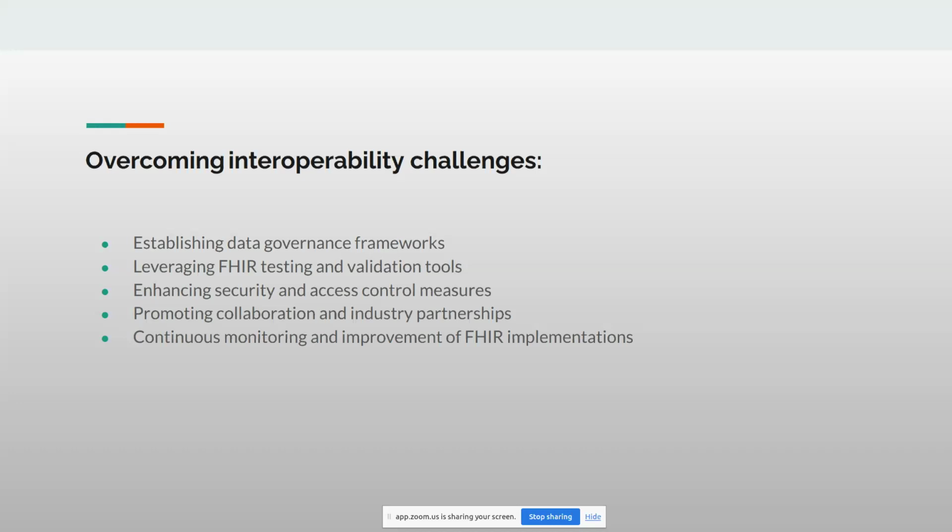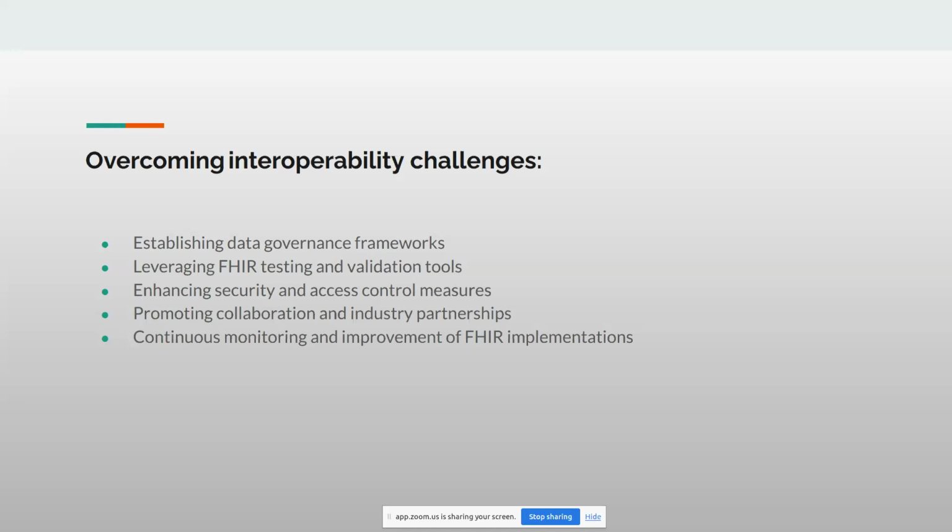And the next point is promoting collaboration and industry partnership. So this is for advancement in FHIR standards. Different healthcare organizations and vendors are regularly collaborating to develop these FHIR specifications, implementation guides, and best practices, so that there is a much more robust ecosystem for FHIR.